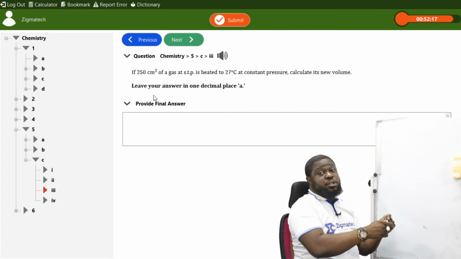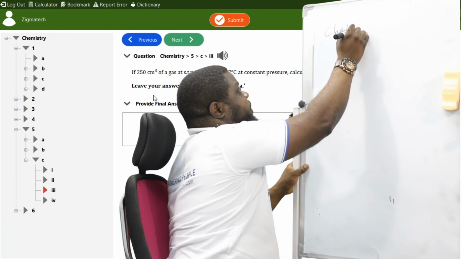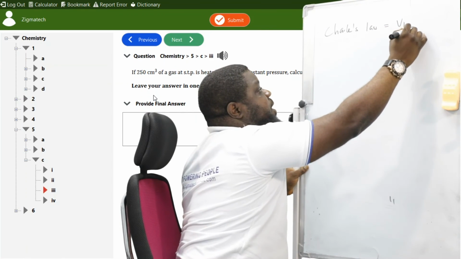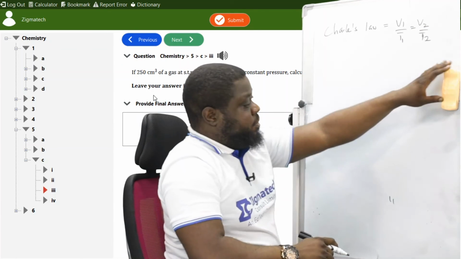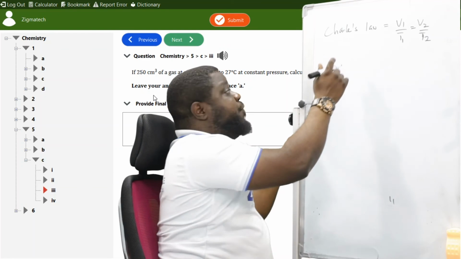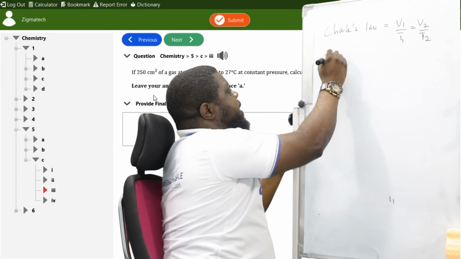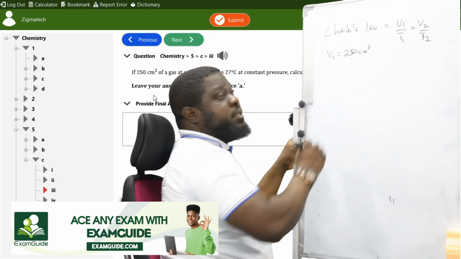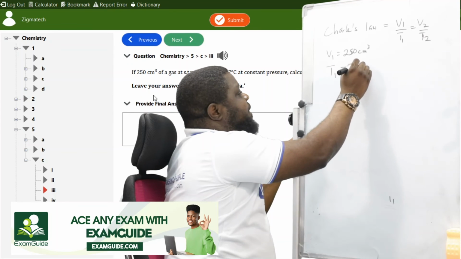Now, this is Charles' law, because the pressure is constant. Charles' law is V1 over T1 equals V2 over T2. Now, they said our first volume is 250, so the V1 is 250 centimeter cube, while the T1 is 27 degrees centigrade.